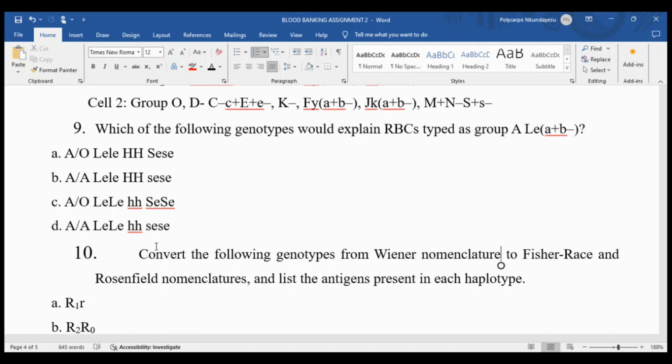Why is it not D? So what will h affect in this group? Too small h.